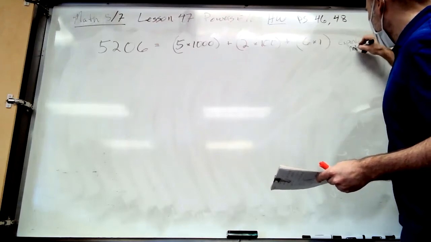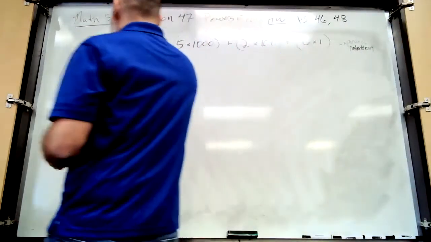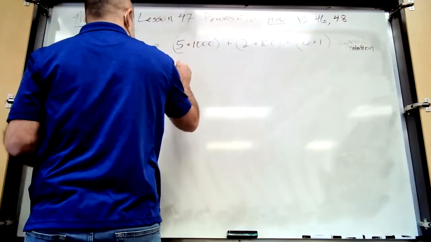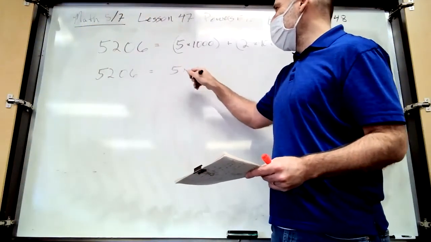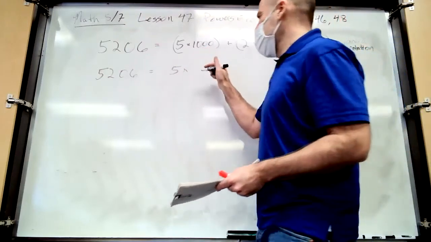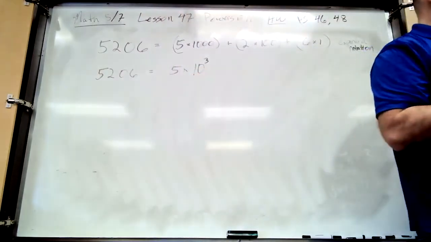Wait, is this still lesson 47? Yep. Exponential notation is just the same thing, except we're writing it as a power of 10, not the answer. So 5 times, what is this? 10 to the what exponent? 10 to the third. It's basically how many zeros there are, right?